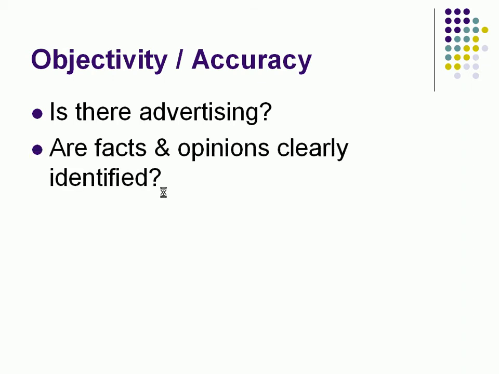Are facts and opinions clearly identified or delineated in your internet web source? In other words, does the author or authors clearly indicate that their opinion on a topic is simply their opinion and not a matter of fact? And are facts clearly stated?